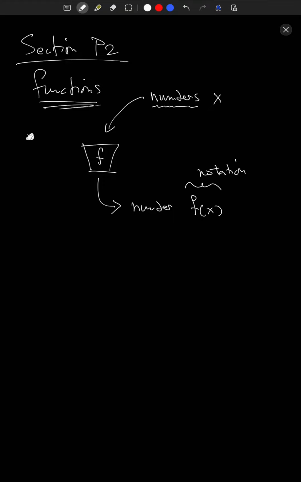Okay. So one thing I think a lot of people get confused with is they see these parentheses here, and parentheses are often used with multiplication, right? So 3 times 5, you can write that as 3 parentheses 5. Well, these parentheses do mean multiplication, but the parentheses for the f of x notation do not have anything to do with multiplication.